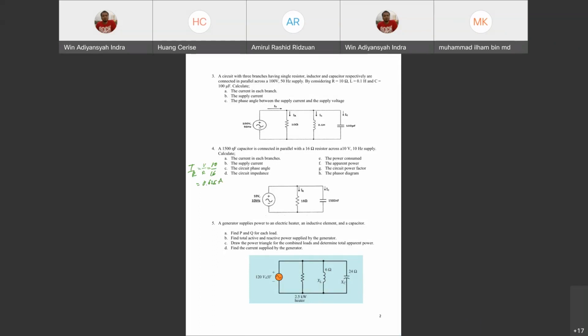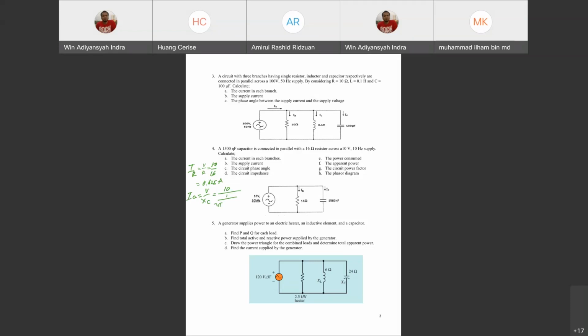Okay, now IC. IC is V over XC. V is 10, XC is 1 over 2 pi FC. F is 10, right?